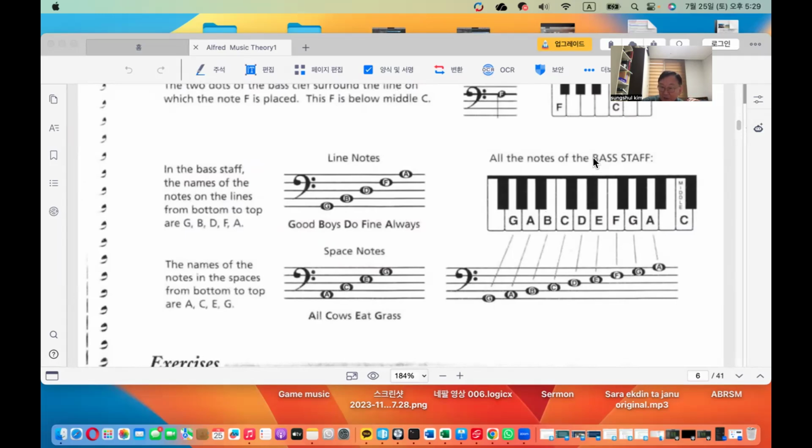Why piano keyboard? Why did I donate a keyboard to your church? To create the sound. How to create it? Middle C is right here. A, B, C, D, E, F, G. A, B, C, D, E, F, G. A, B, C, D, E, F, G. Right here. Okay?